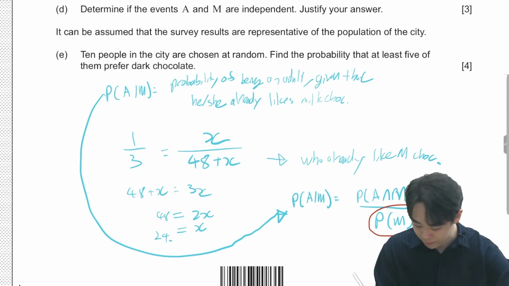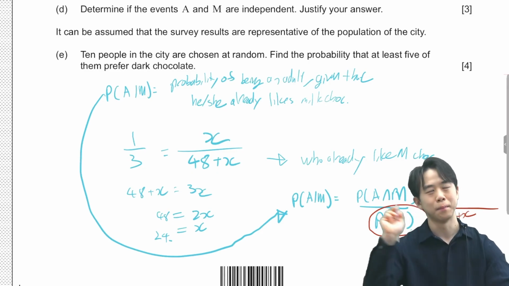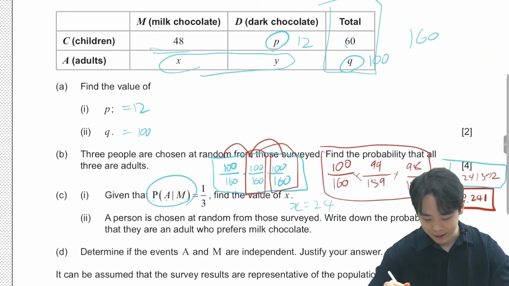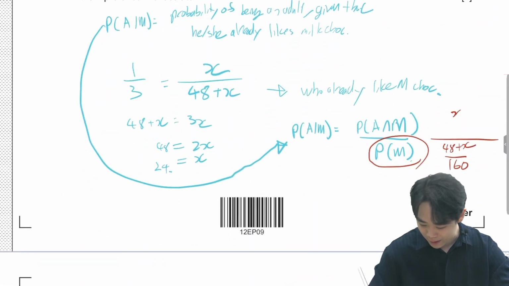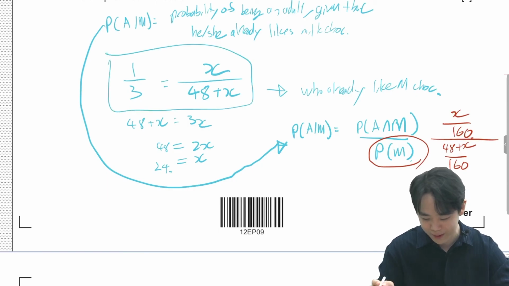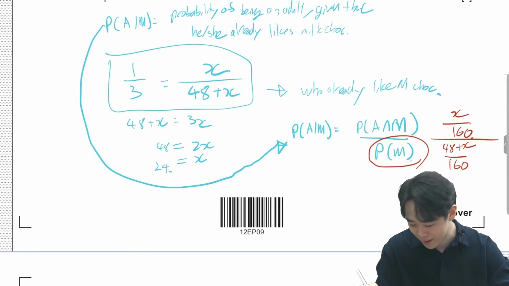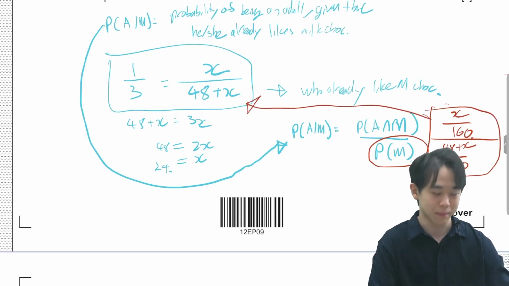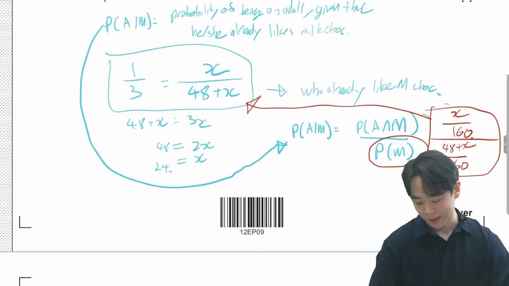That's 48 plus X over 160. What's the probability of them being an adult who likes milk chocolate? That's just X, so X over 160. What we did was a more colloquial, informal way of doing it, but it gets the job done. We set up X over 48 plus X equals 1 over 3, which means X is 24.